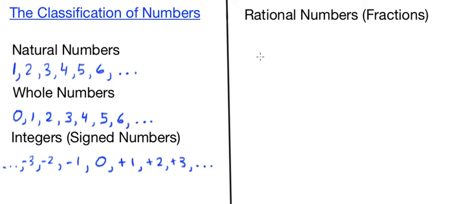Okay, next, mathematicians constructed a set of rational numbers by taking ratios between signed numbers. By ratios, we mean fractions.